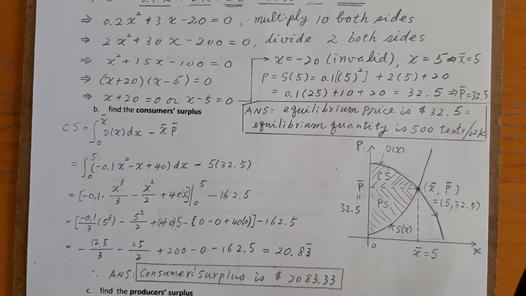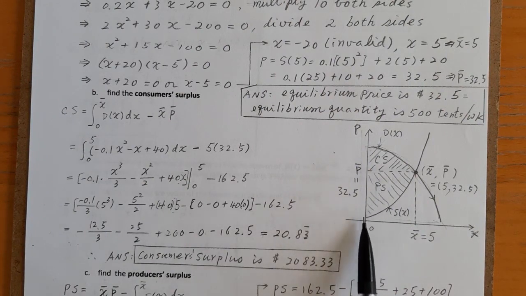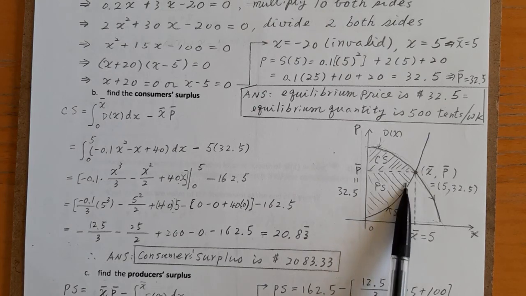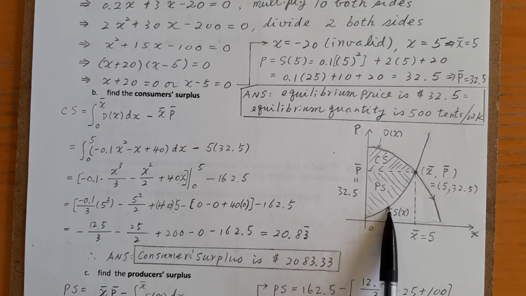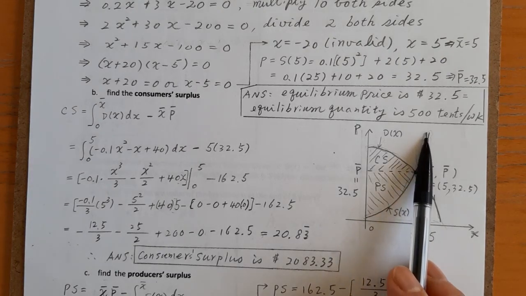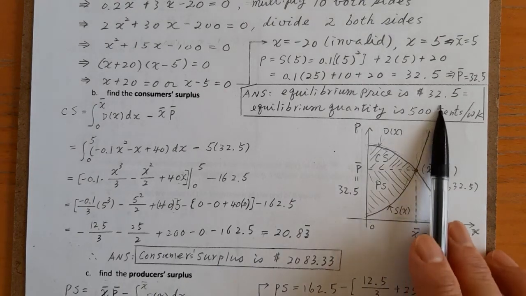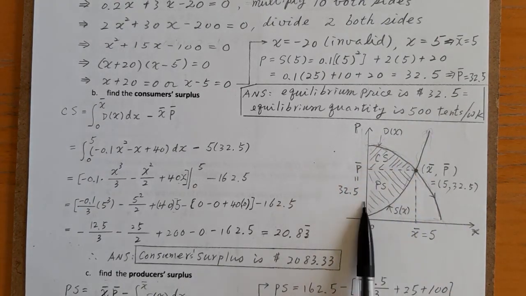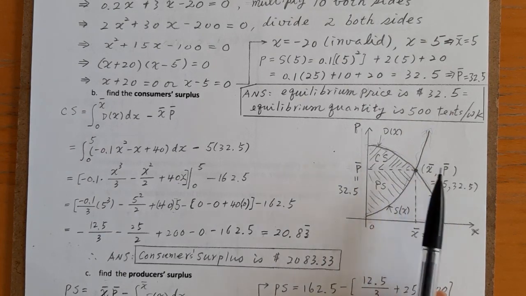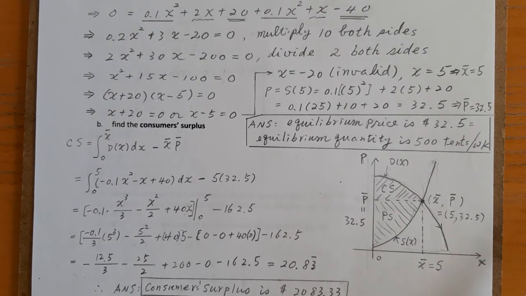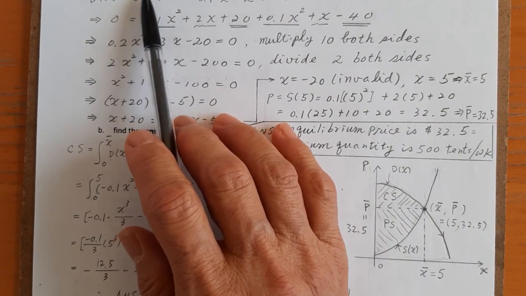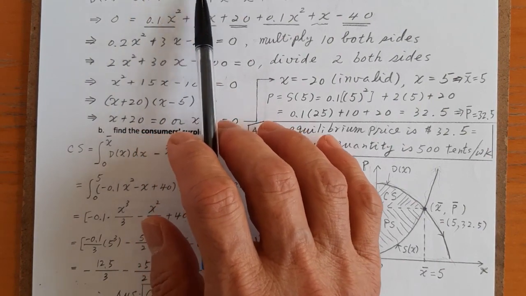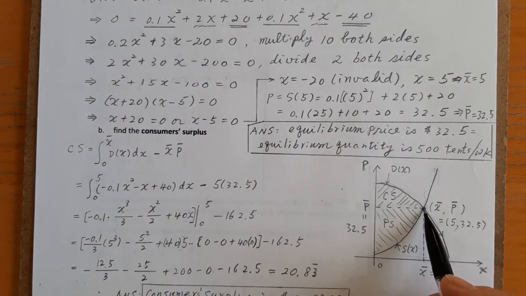So the demand function starts at a higher position than the supply function. The supply function is increasing: as x goes larger, the price goes larger. The two functions finally intersect at one point, and this point we call the equilibrium point.